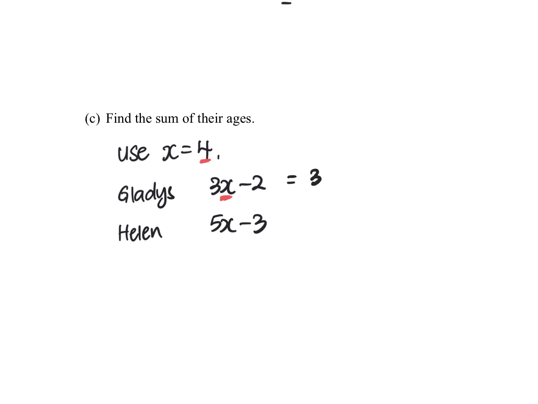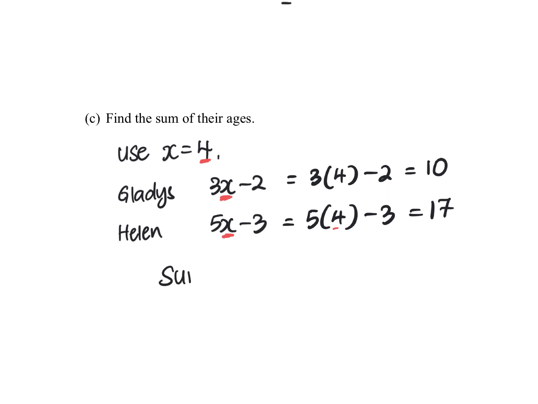So 3 times 4 minus 2 will give me 10: 3 times 4 is 12, 12 minus 2 is 10. 5x, x is the number 4 over here, minus 3: 5 times 4 is 20, 20 minus 3 is 17. They want to find the sum of their ages. The sum will be 10 plus 17, and the answer will be 27 years old.